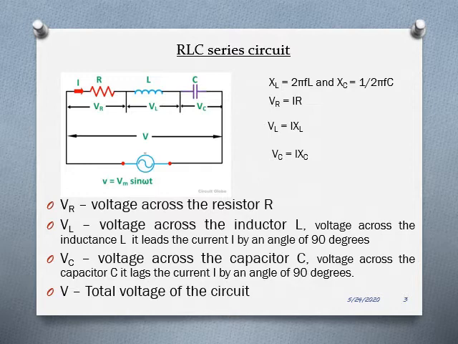Now you should remember one thing, in RLC series circuit both L and C are present. So the behavior of voltage and current, the phase difference between the voltage and current waveform will be in accordance with the predominant nature of this circuit.